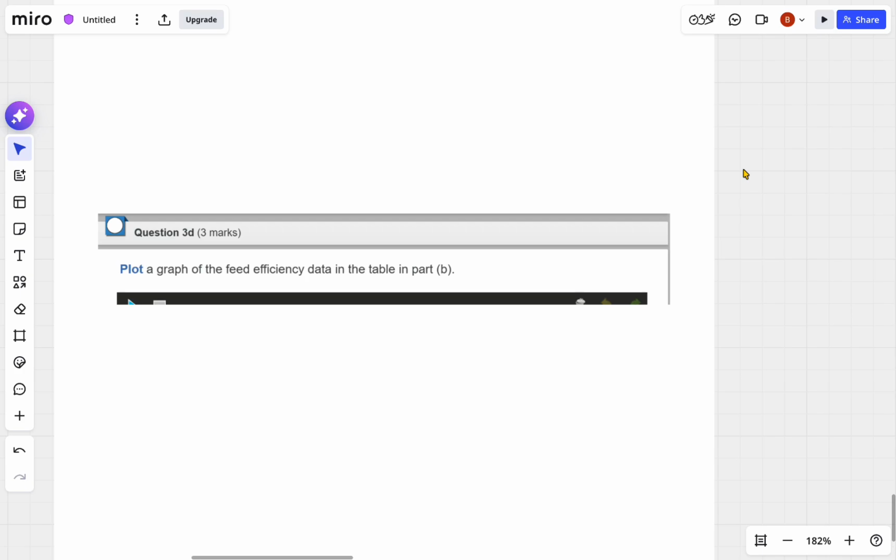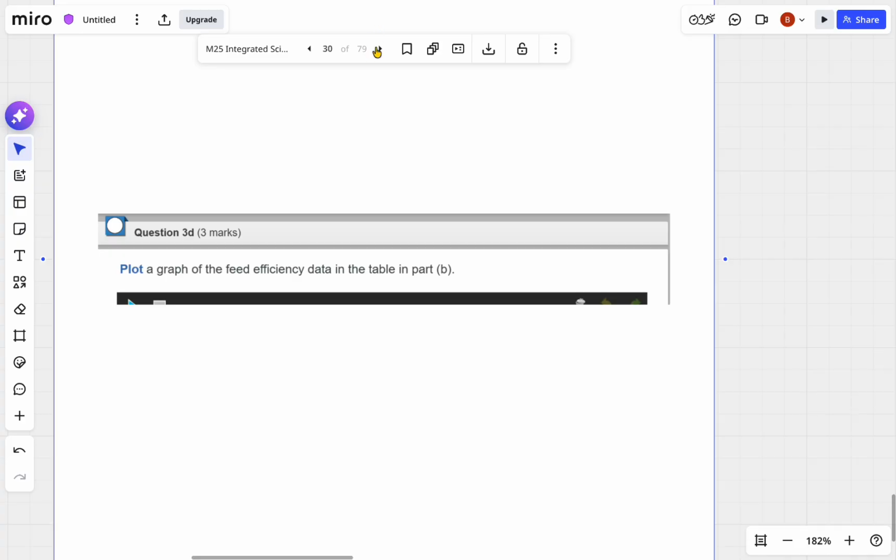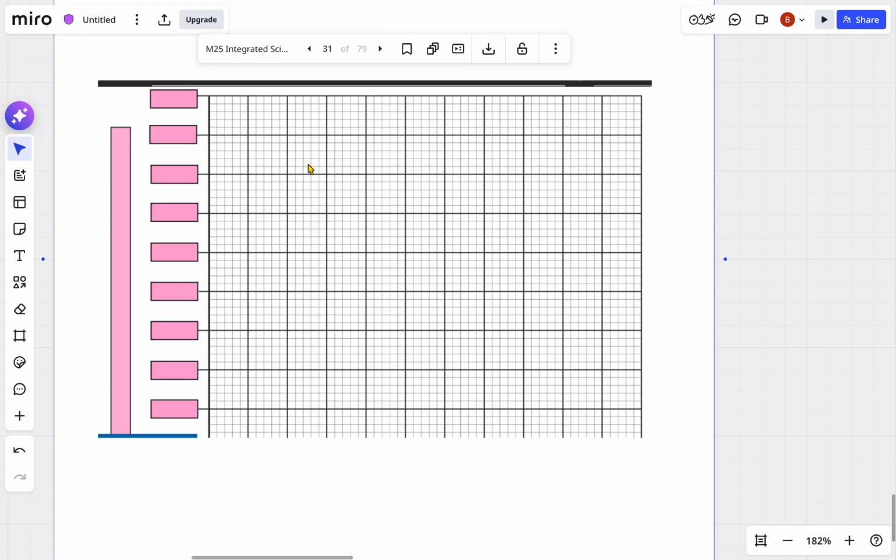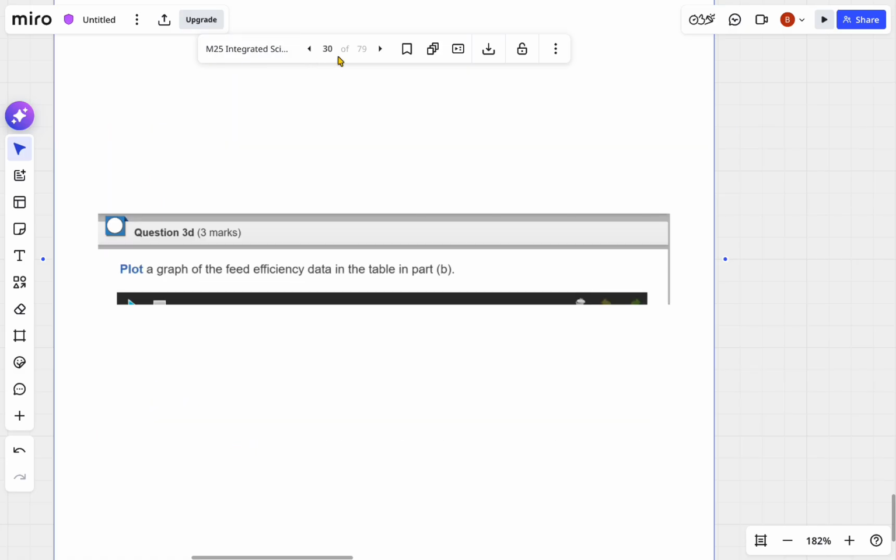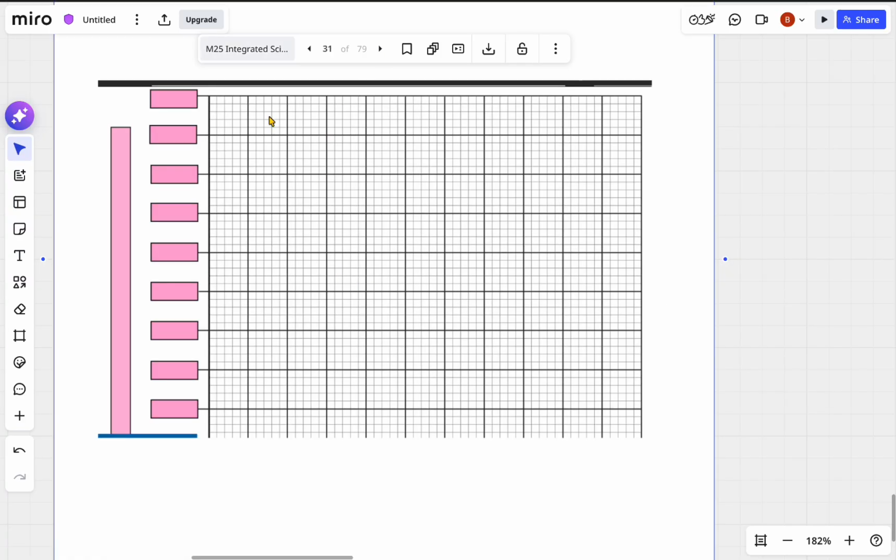Now we have question 3D, which asks us to plot a graph of the feed efficiency data in the table in part B. This is the graphing software that we have, and don't worry guys, this is gonna be really easy when you do it in the software because you can just type everything over here and basically plot your graph. This is going to be a bar graph for us because it's gonna rise up for each species.